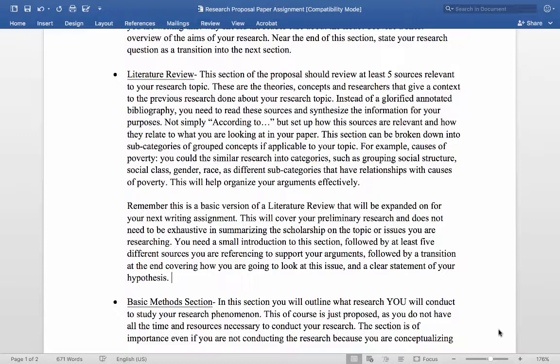So another thing I ask, and I get into this in the lectures a little bit too, is just not to simply write, according to so-and-so, blah, blah, blah, according to so-and-so, blah, blah, blah. I know that a lot of students have been taught to simply slap in a couple sources separately, right?